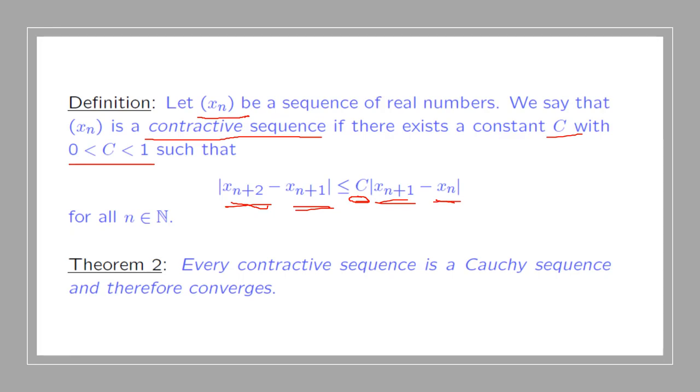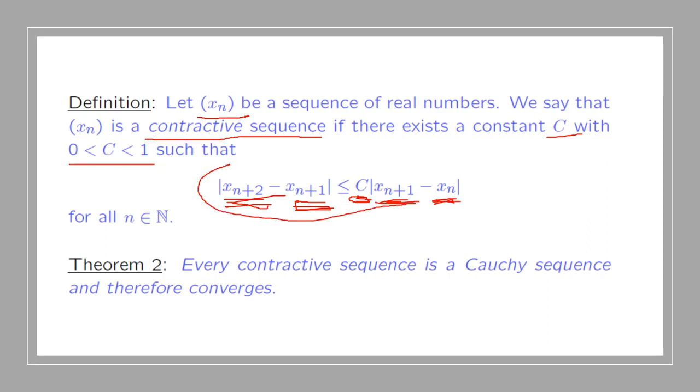For example, if n is 1, then the distance between x3 and x2 will be less or equal to c times the distance between x2 and x1. If n is 2, then the distance between x4 and x3 is less or equal to c times the distance between x3 and x2.